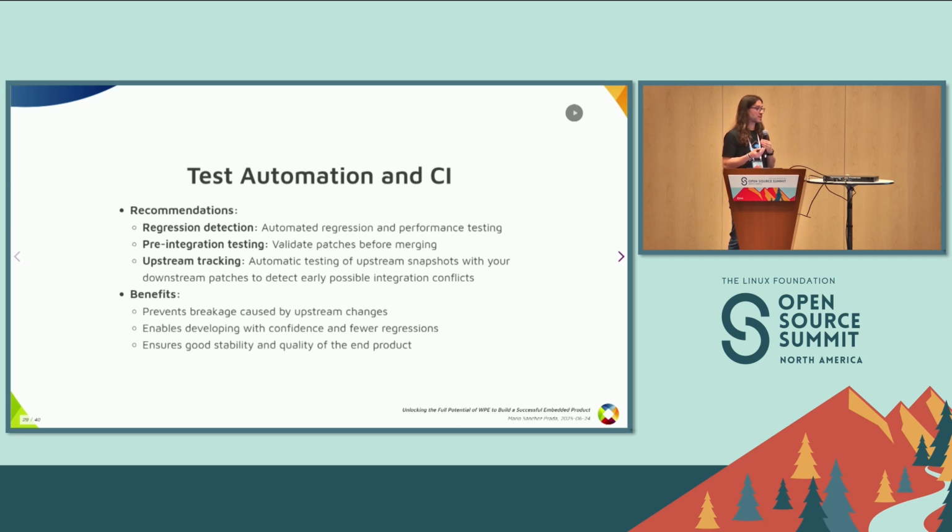But also you can set up CI for checking changes happening upstream in a way that is important for you. Let's say that upstream is increasing the minimum version of a dependency. If you don't detect that, you might end up having trouble later on down the road. But if you have this CI to detect those kinds of things that break your particular use case, you will be able to react much faster.